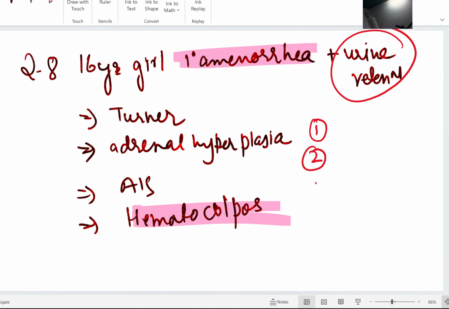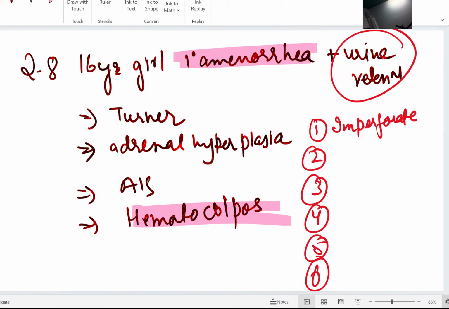So what are the six differential diagnoses for primary amenorrhea? Either it is imperforate hymen, or it is transverse vaginal septum, right? The second is AIS and MRKH.